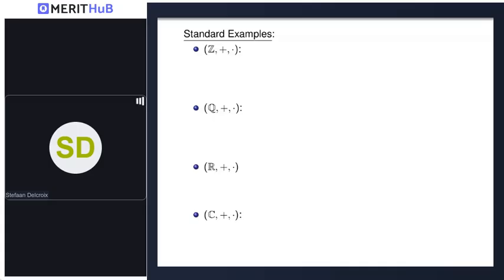Which one did we not have? So we were closed. Yep, we had no inverses. So that makes this not a field, but it is a commutative ring with identity.